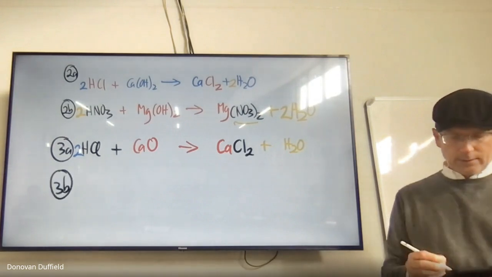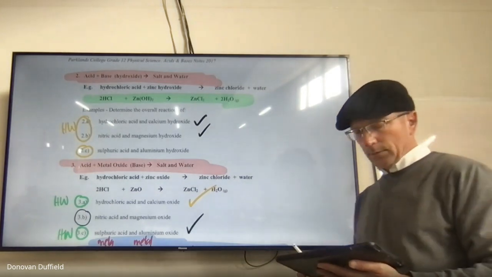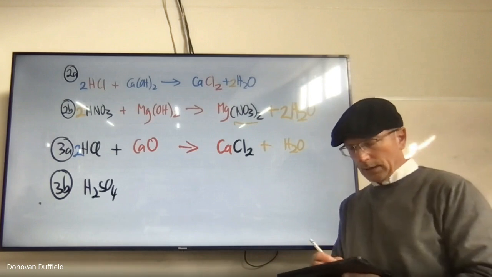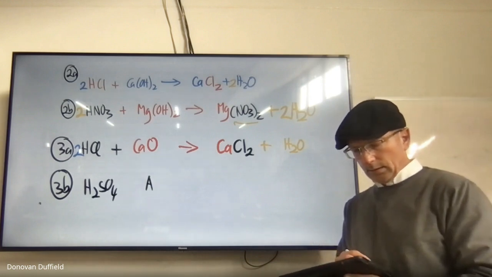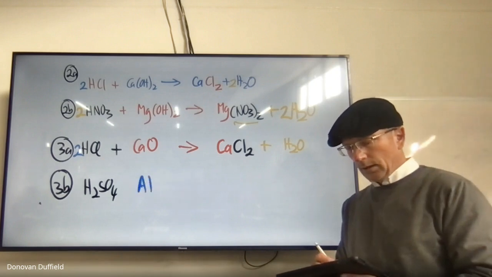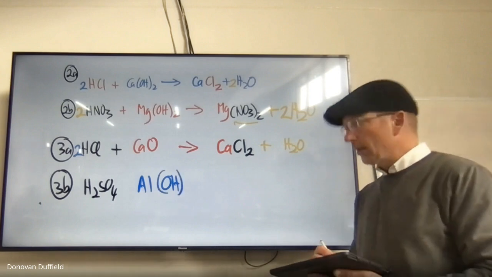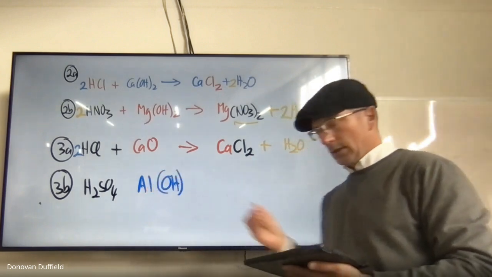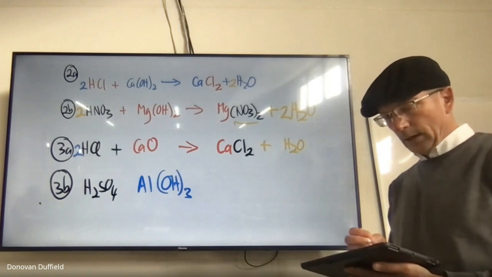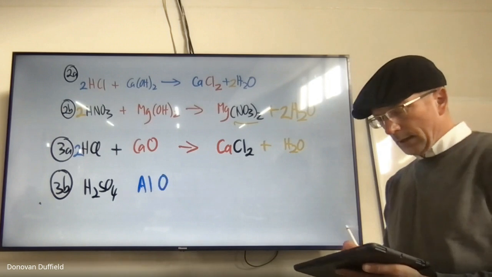All right. 3B. Sulfuric acid and aluminium oxide. Sulfuric acid, H2SO4, and aluminium oxide. Sorry, aluminium oxide, not hydroxide, my bad.